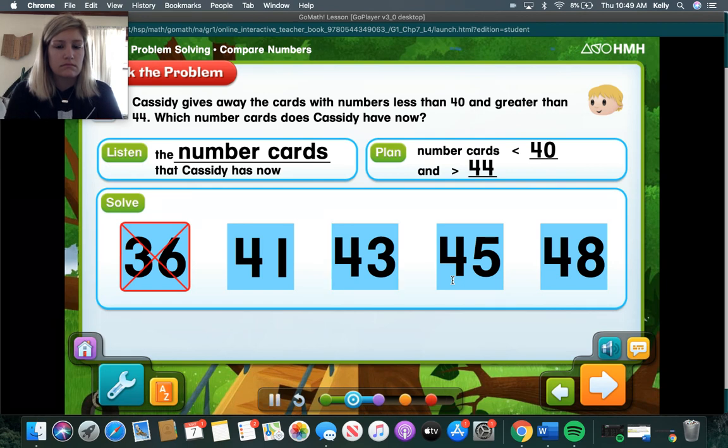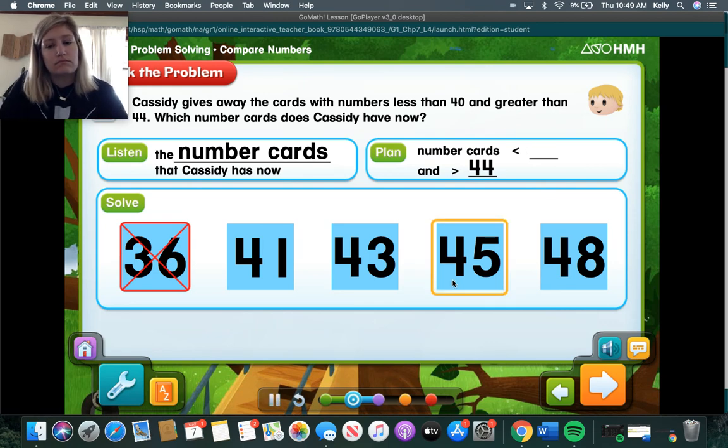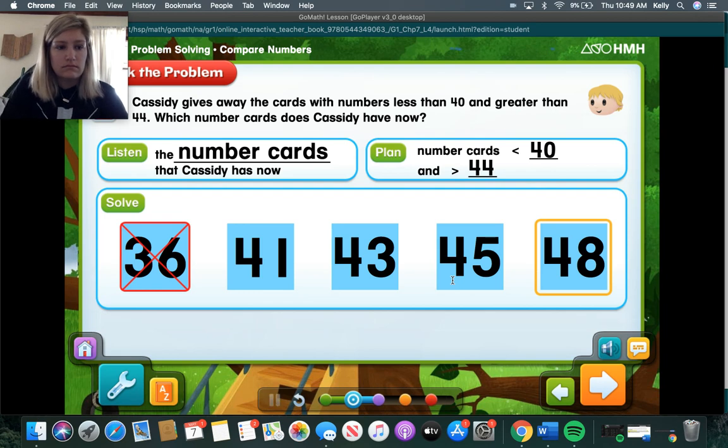No, 43 is not less than 40. Is 45 less than 40? No, 45 is not less than 40. Is 48 less than 40? No, 48 is not less than 40. The number card 36 is the only number card less than 40.